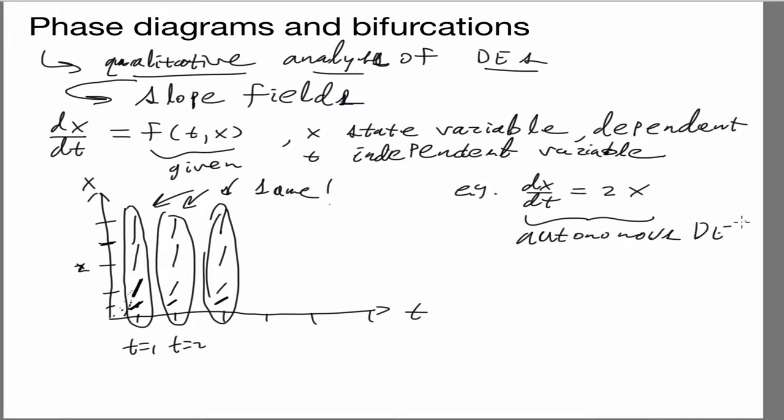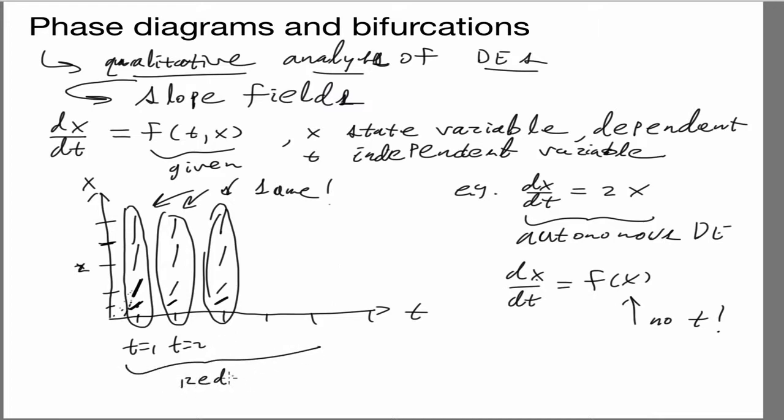An autonomous differential equation is of the form dx/dt equals f of x, meaning there's no t in there. So for any value of t, you get the same exact slope field. So it's really redundant information.